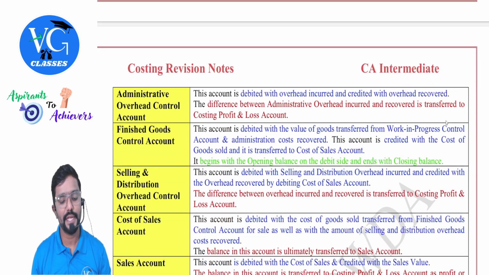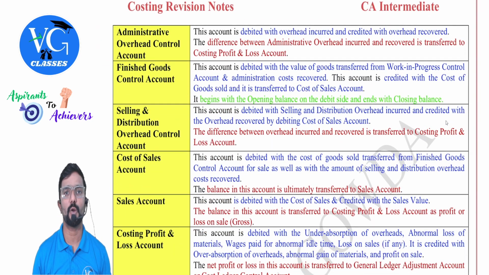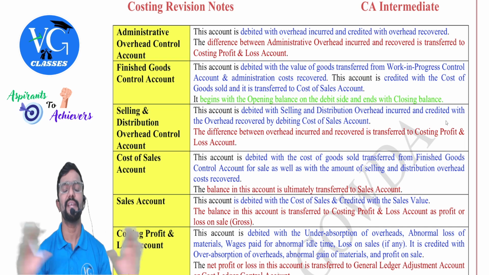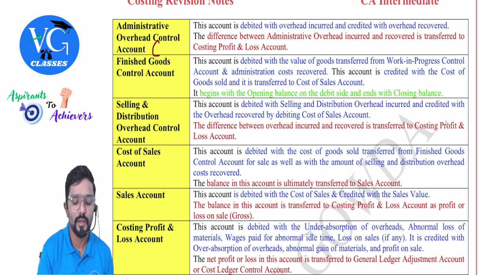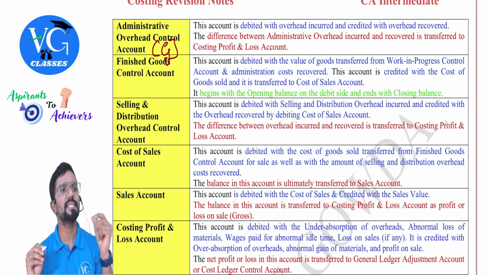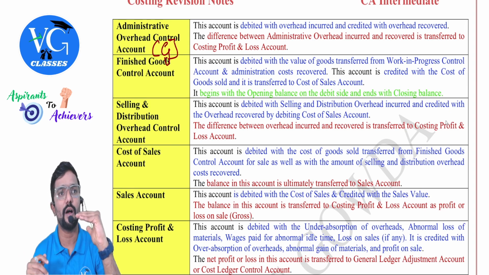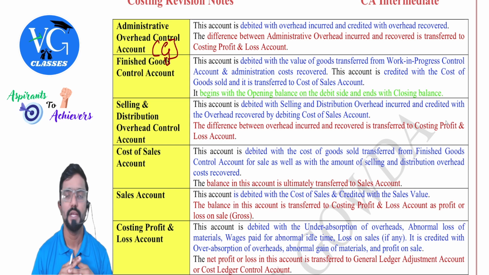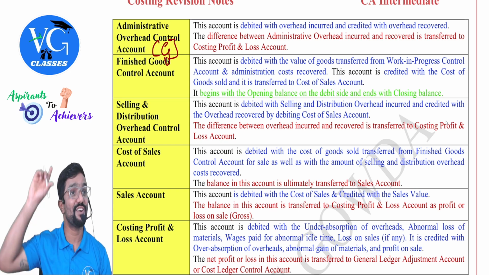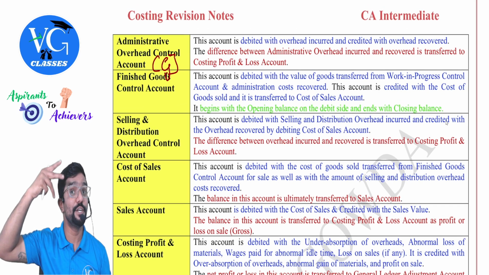Okay, sir. Next is administrative overhead control account. And guys, for this chapter, administrative overhead will always be considered as general. That means it will come after cost of production. In cost sheet, we have encountered that in two places.